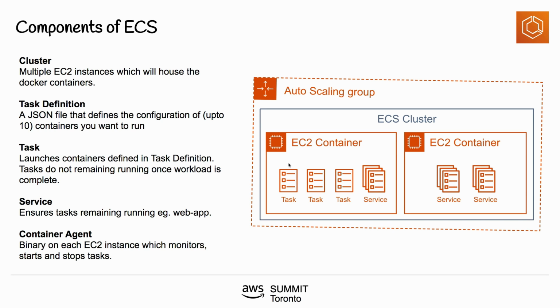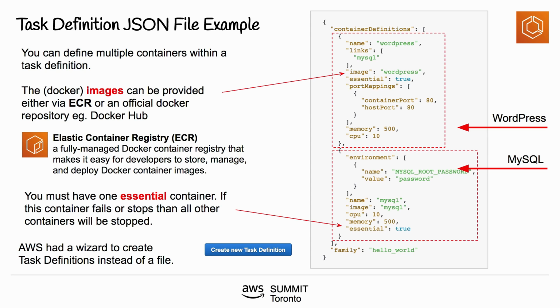Now that we have an idea of that architecture, let's look at that task definition JSON file. On the right-hand side here, we have a task definition, which contains 2 containers defined. If you have figured it out, we are launching a WordPress, backed by MySQL. When you define these containers, you have to give it an image.